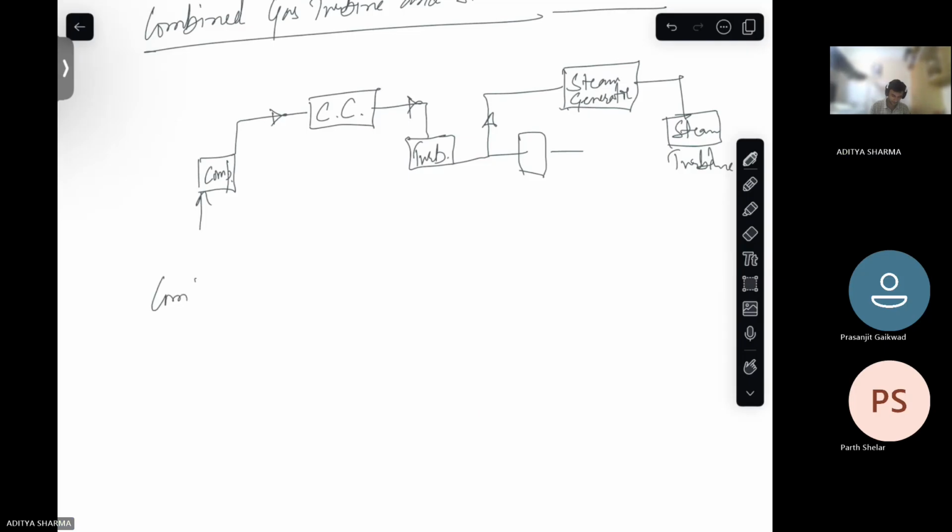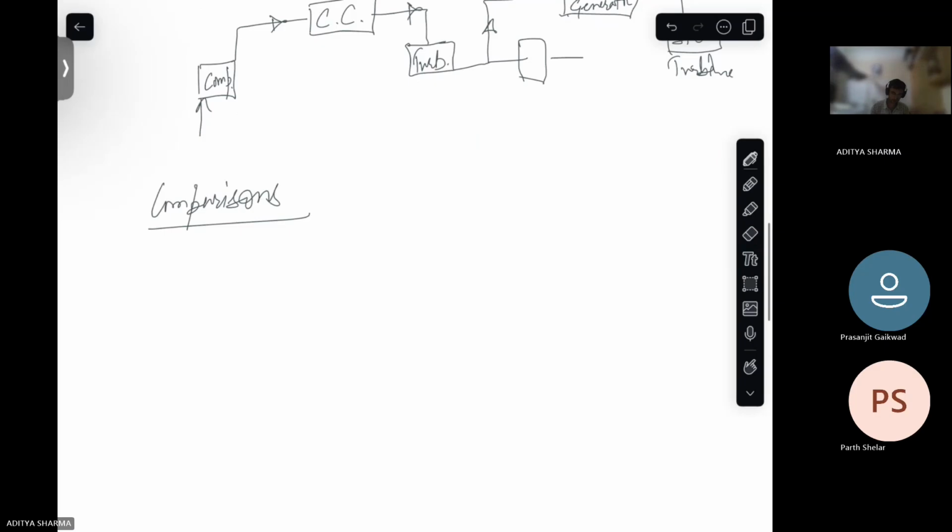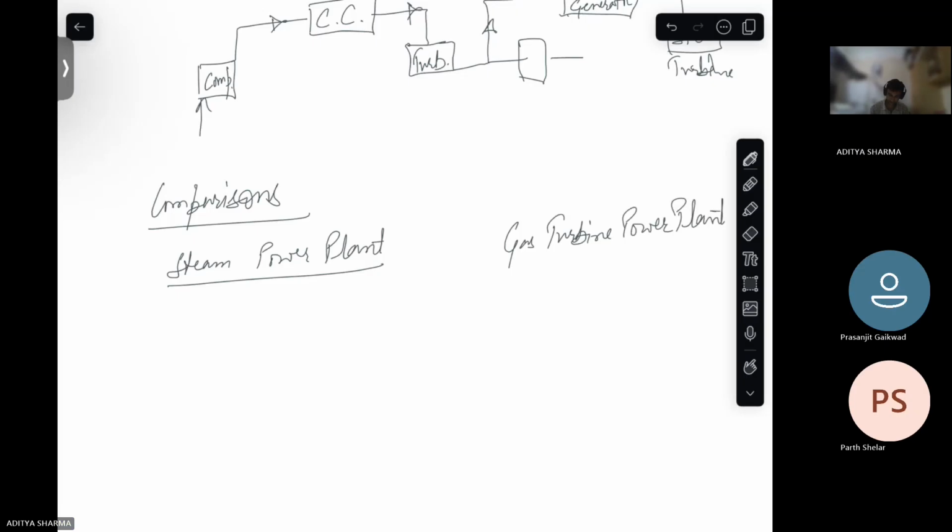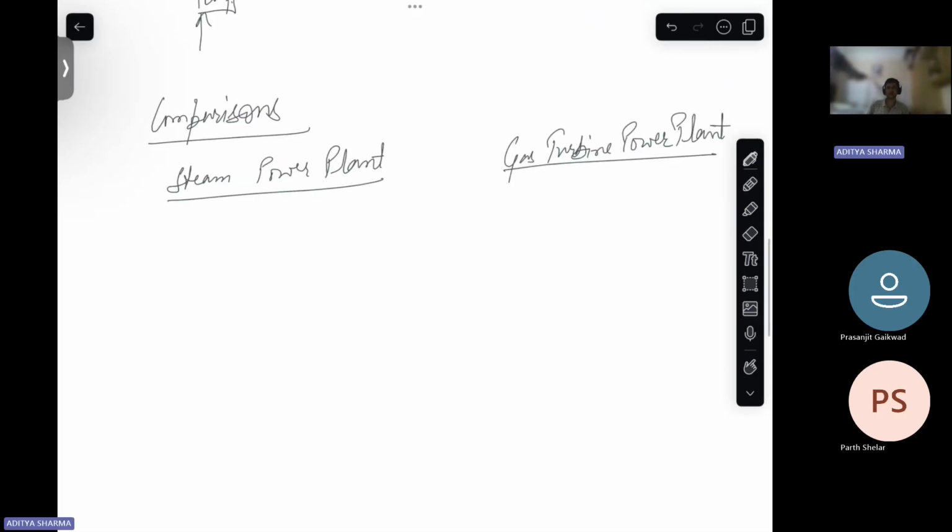Comparisons, if you see, of the steam power plant and your gas turbine power plant. What is the comparison? Basic differences of the working fluid.